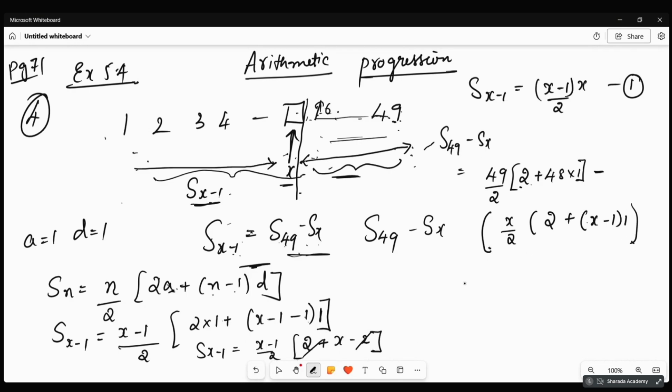So S49 will be 49 by 2 into 50, this is 25, minus this Sx. I will do it in the new sheet. You write down this. Understood? This much.